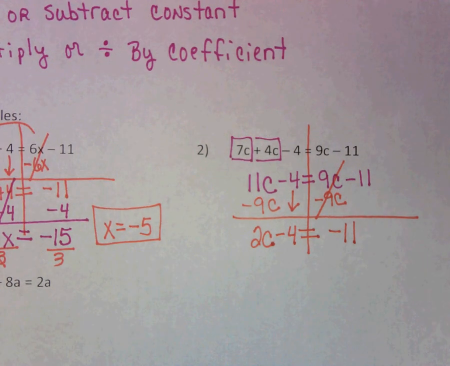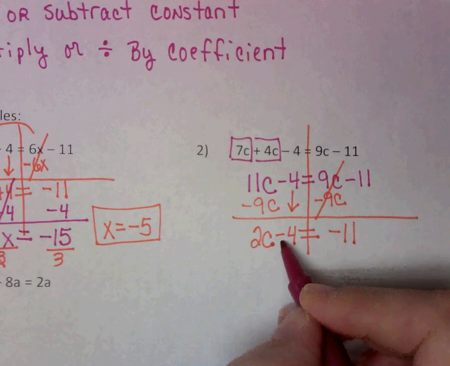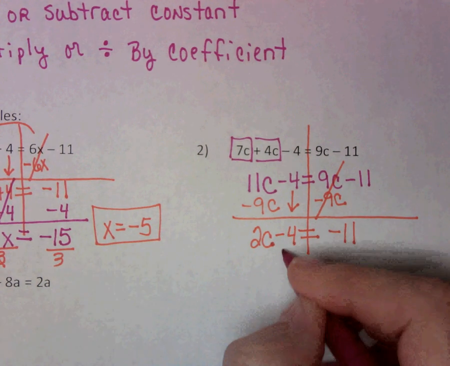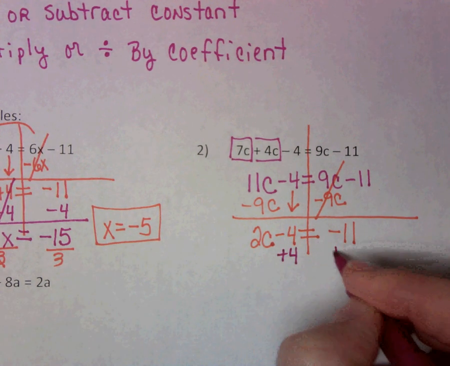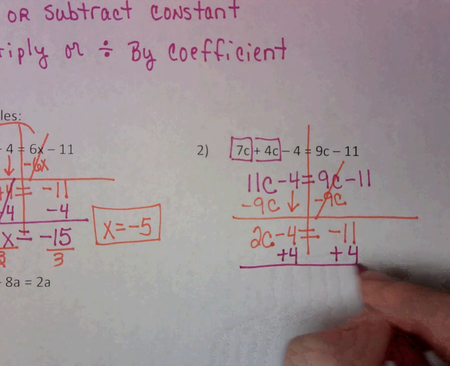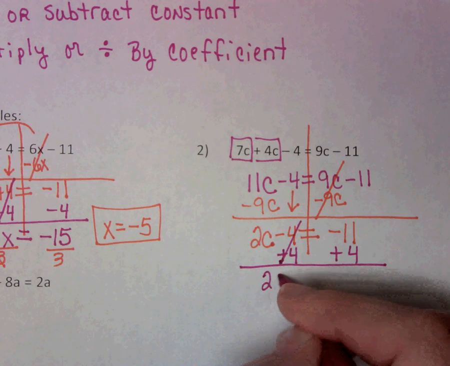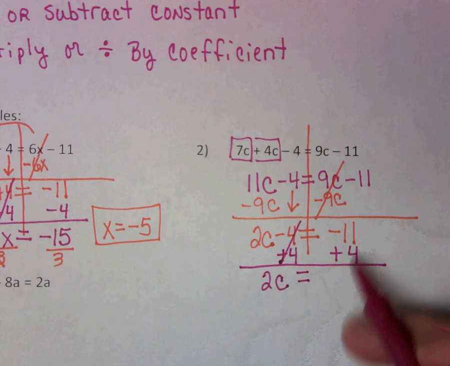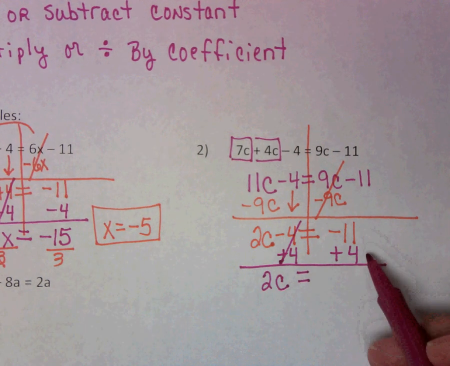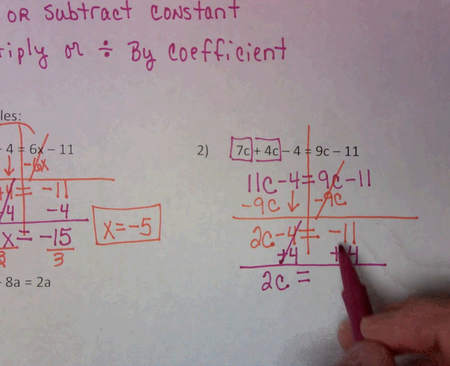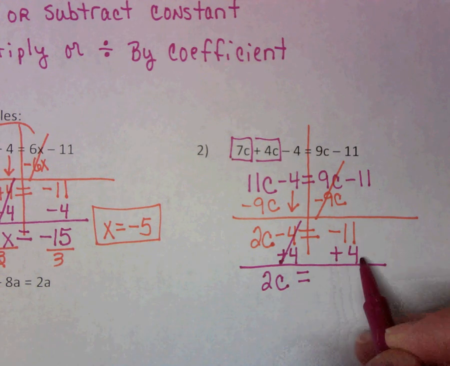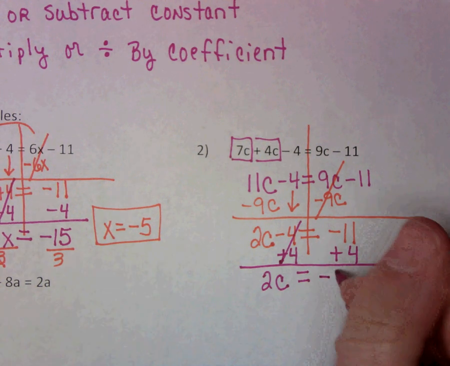Okay. Our next step is to add or subtract the constant, which would be our minus 4. So I'm going to add 4 to both sides. Okay. That leaves me with 2c equals, now this is where your calculators might be helpful. Double check your integers. This is negative 11 plus 4, which is negative 7.